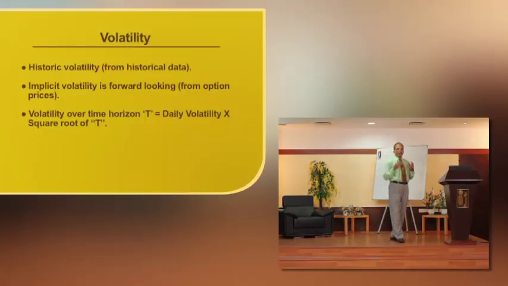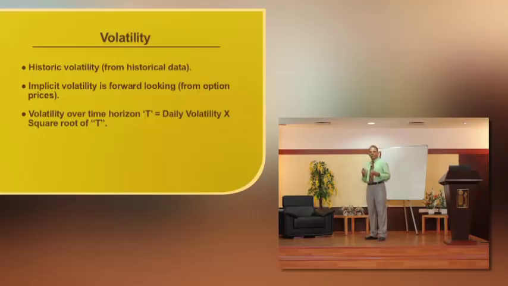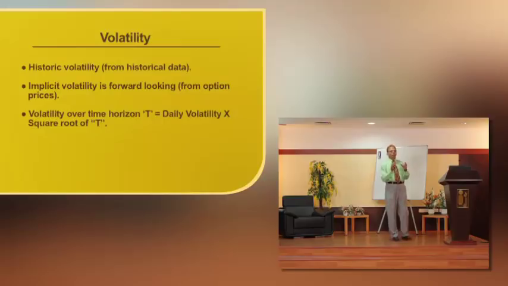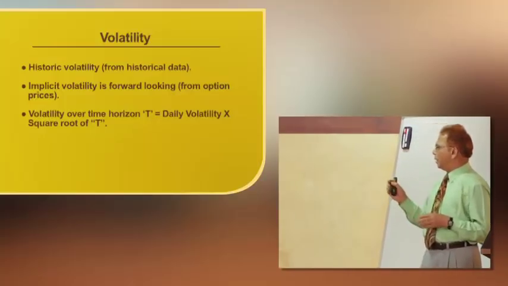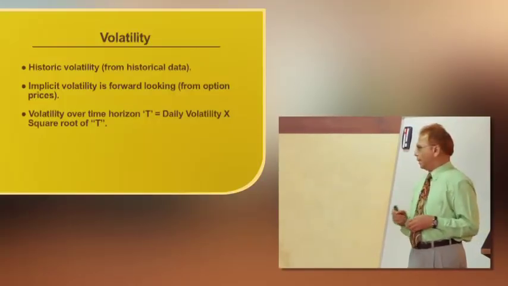Options are basically to cover the risk in the future, and the implied volatility is derived from analyzing the movements which are reflected in the option prices, because all the options are priced considering the expected volatility in the future. So that is considered to arrive at the forward-looking volatility.